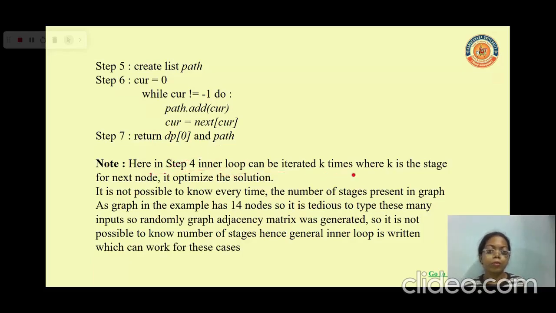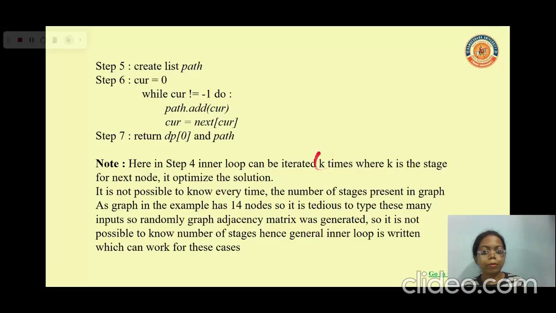So here what we can also do is, we know these vertices are divided into stages. And we also know that if I am standing at the ith stage, it can only connect to I plus 1 stage vertices. So I can use that information, and I can only travel through those vertices which are in I plus 1.